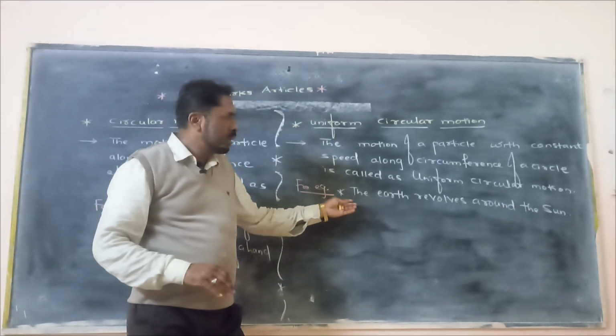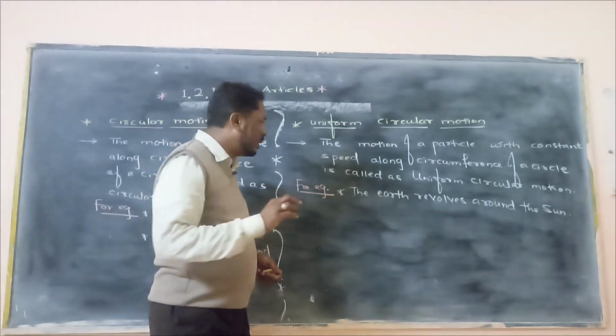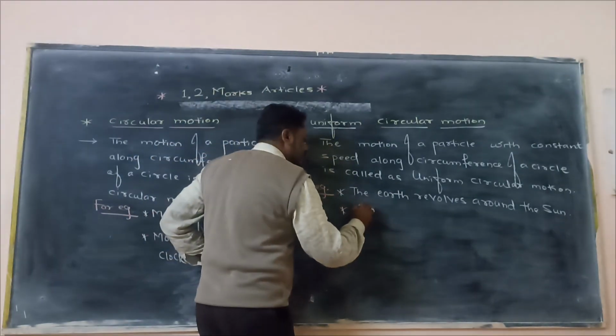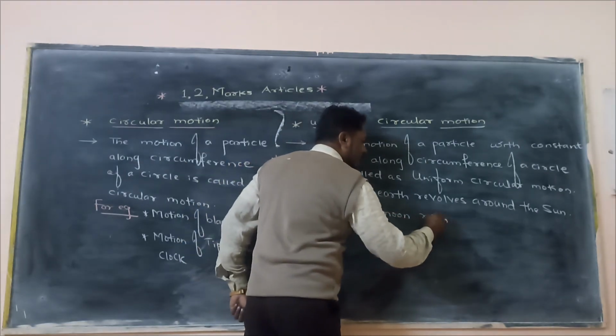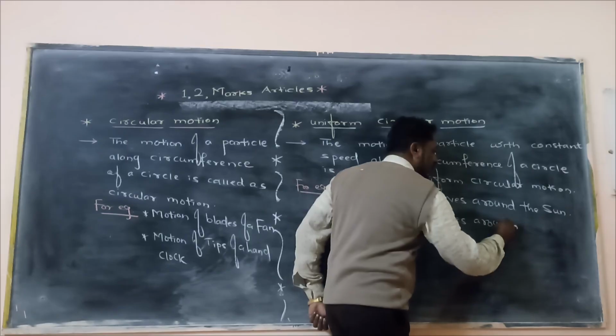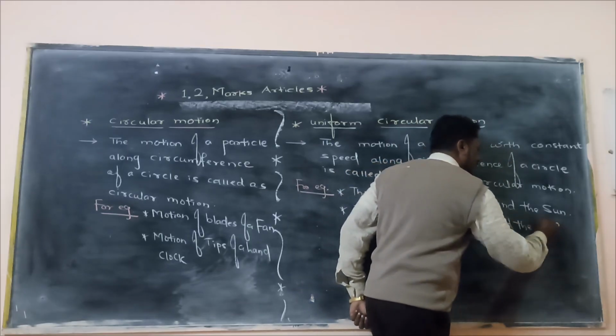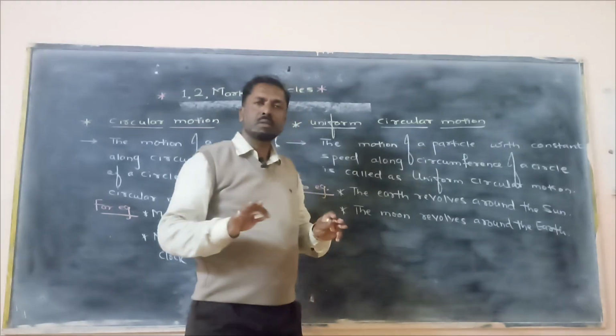Another example is that the moon revolves around the earth. Here again the speed remains constant.